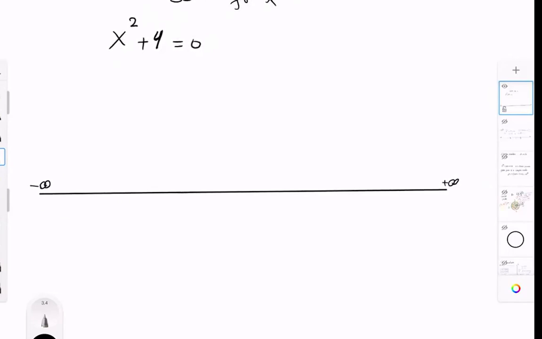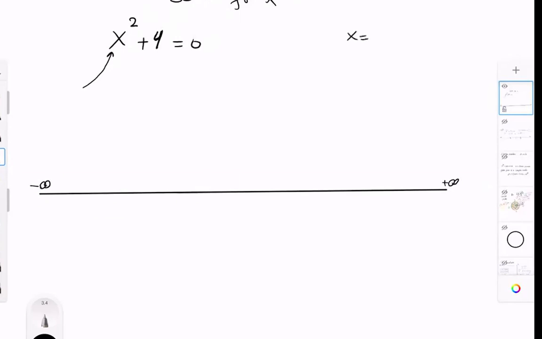What is the solution here? For what value of x can I plug it there, square it, add 4 to get 0? Brian, what number? 2, negative 2? Okay, let's do it.